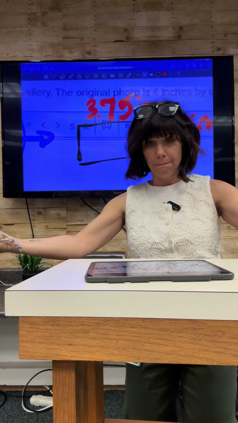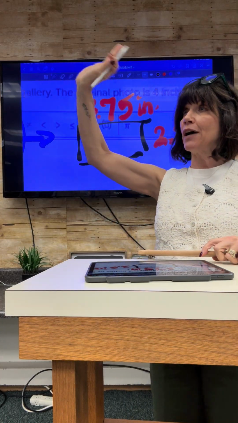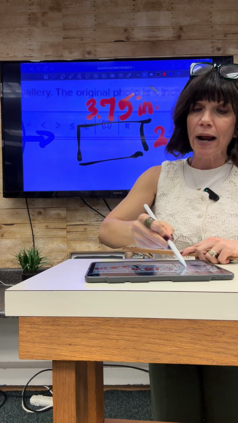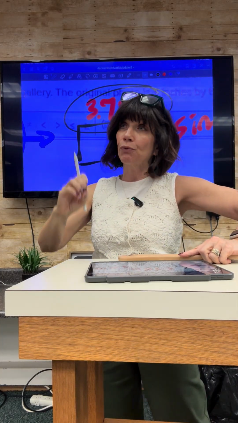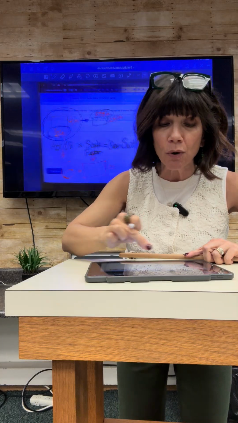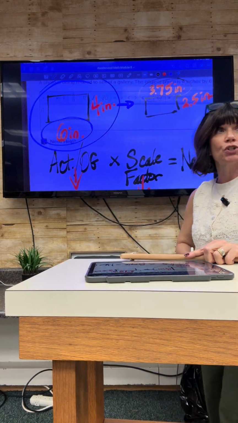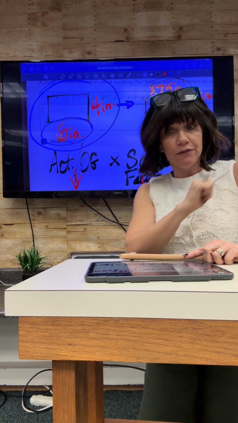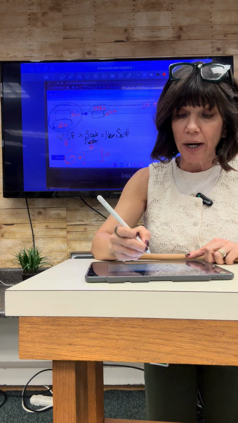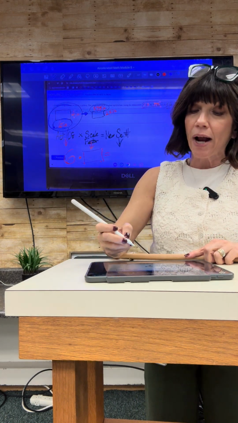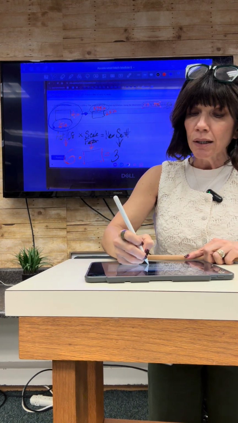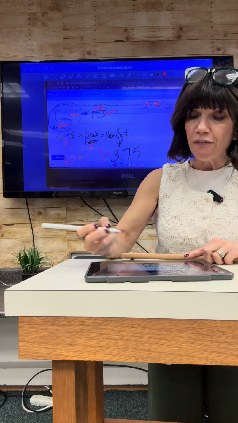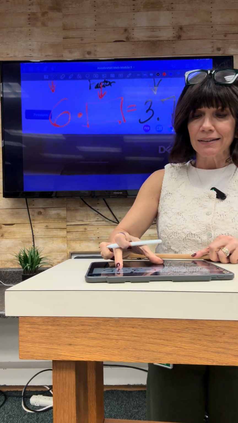Class, which is it? Wave if you said 3.75. You are absolutely correct. Why did I have to take 3.75? Because it was also the bigger number of the two. Thank you so much. So under new scaled number, please write what amount? 3.75.